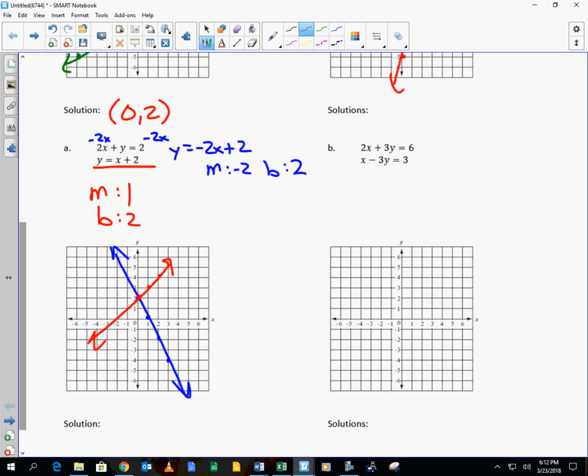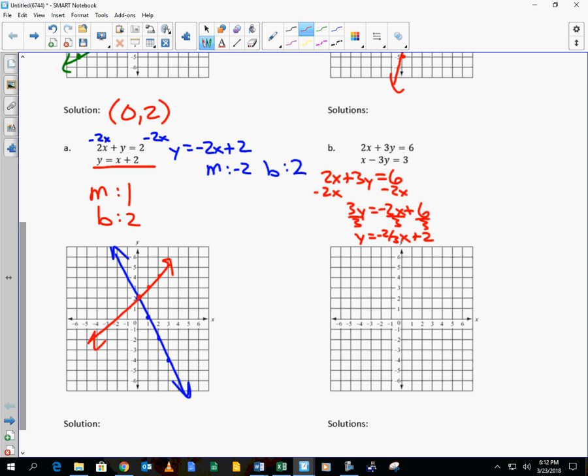And for letter B, you can now see that we've got a couple of equations here. Neither one's in slope-intercept form. We're going to write them both out. 2x plus 3y is equal to 6. In order to put that in slope-intercept form, I subtract the 2x. The 3y is -2x plus 6. I'll divide by that 3. Y is -2/3 x plus 2.